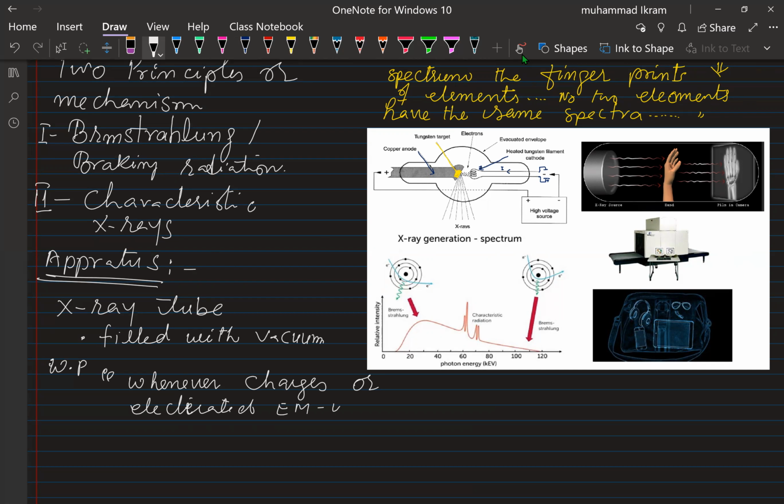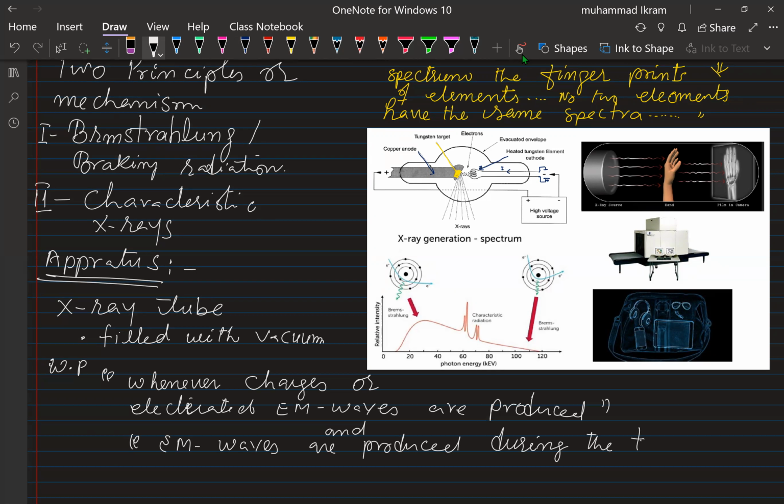We can also say that electromagnetic waves, or these X-ray waves, are produced during the transition of electron or electrons between various energy levels.